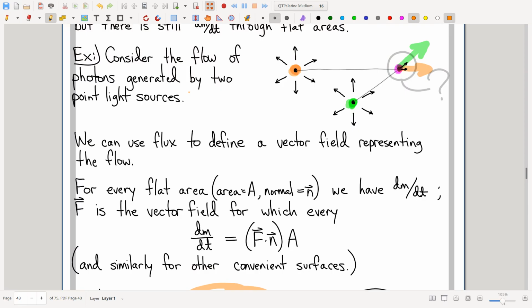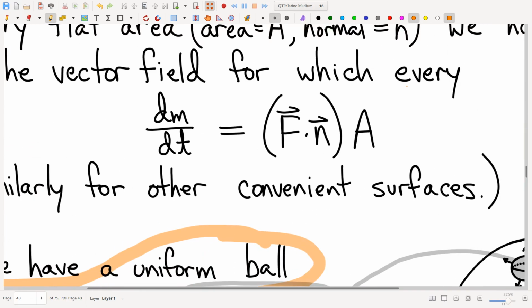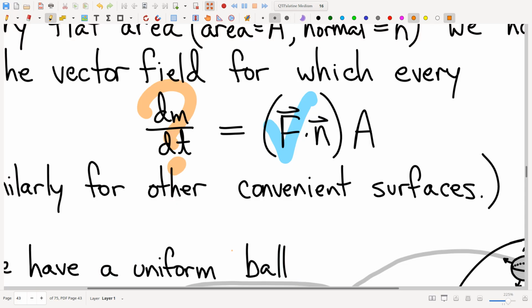And here's the really clever answer. I think this is a cool idea. What we did on the previous page, we said, suppose we know the vector field. And then we argued that we can then ask the flow rate. Given a vector field, here's a formula that allows us to compute the flow rate.